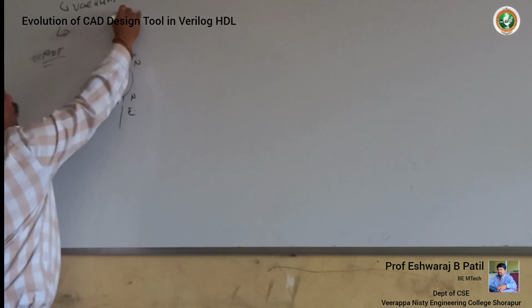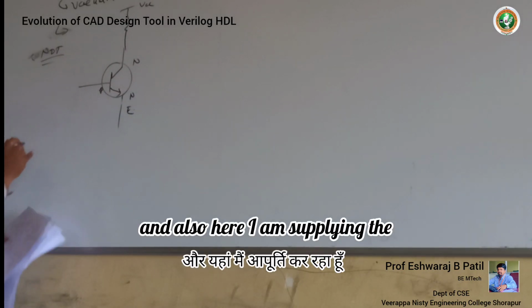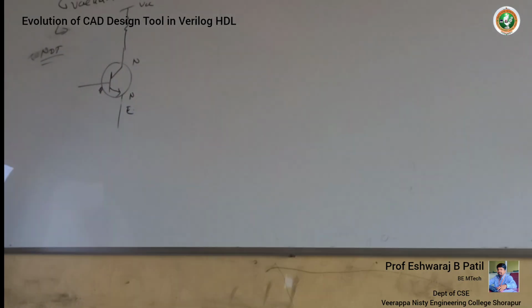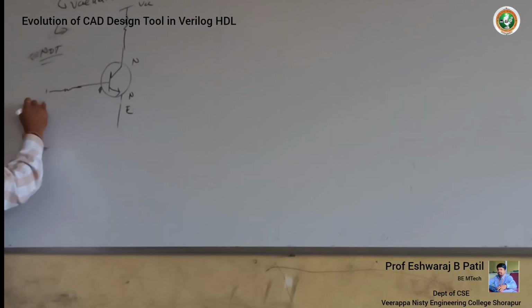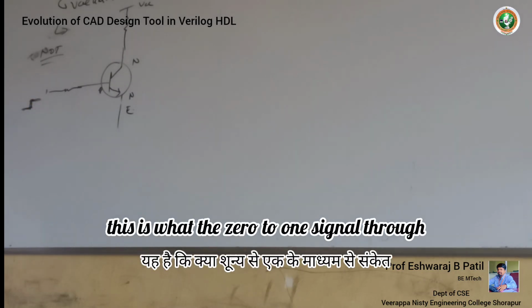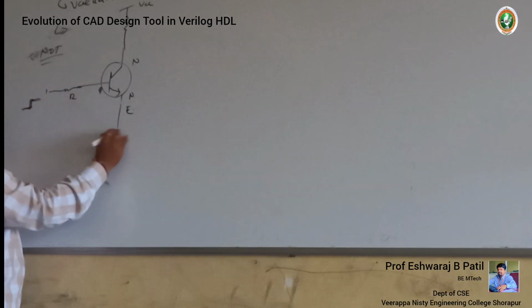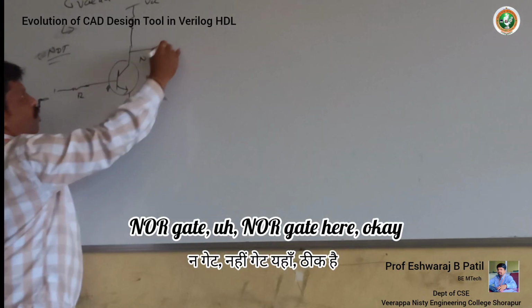Using this transistor we can implement our NOT gate. How? Using one resistor connected to VCC, and the input is supplied through one more resistor. If I send a 0 to 1 signal through one resistor, the transistor acts as a NOT gate here.